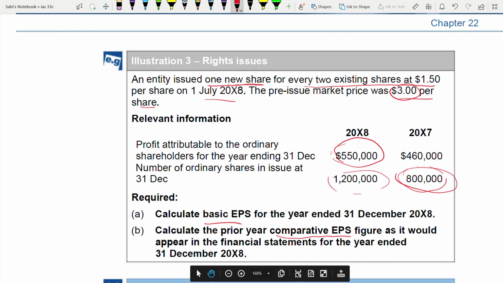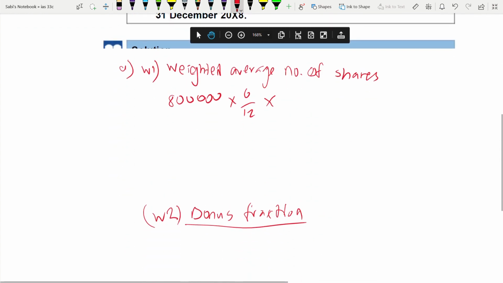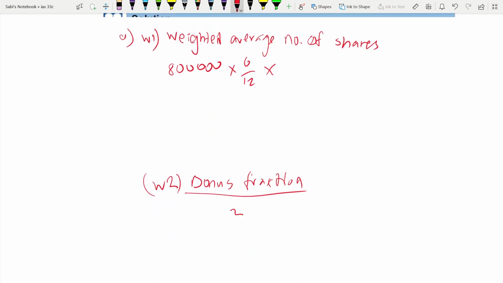You have to calculate the theoretical market price, by the way. You will not be given it directly, okay? But market price before the share issue was $3. It is 3 divided by theoretical market price. For that, we need to go to working 3. You need to find theoretical market price.